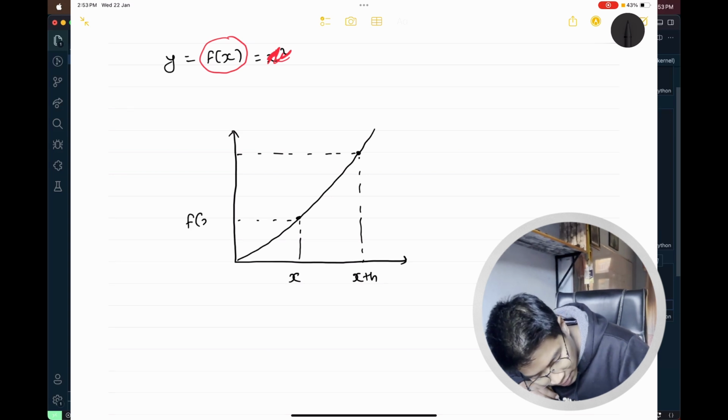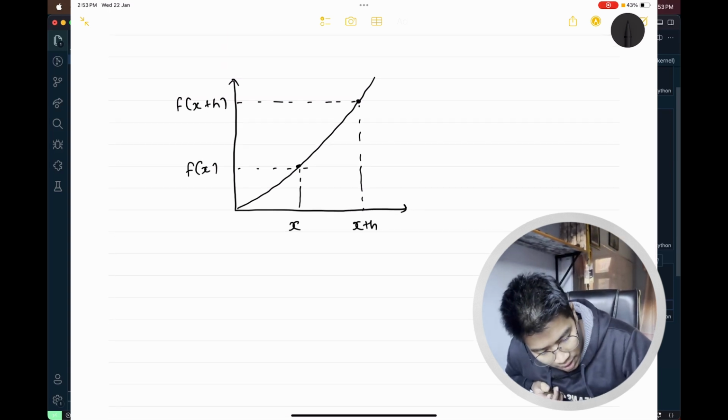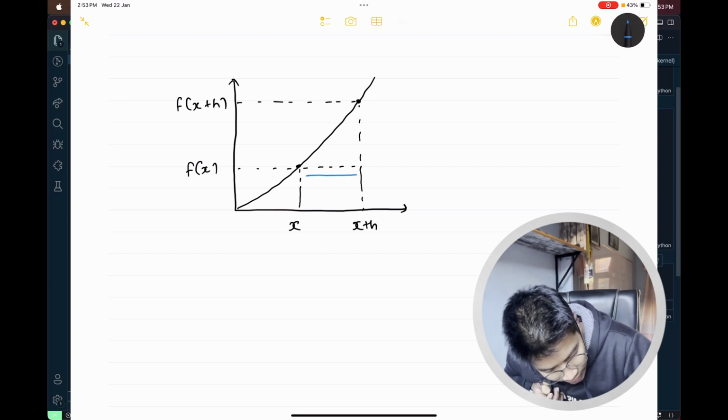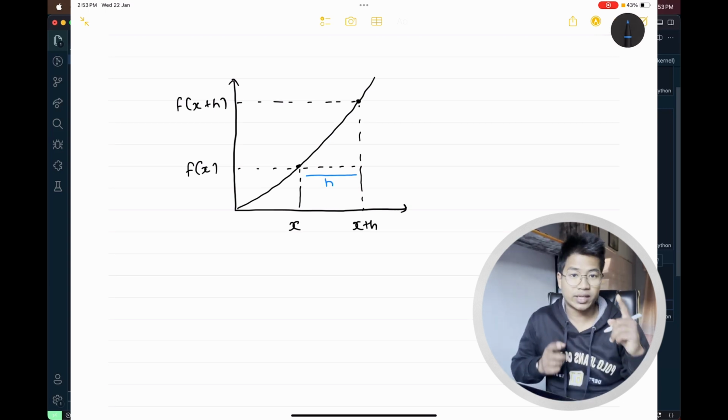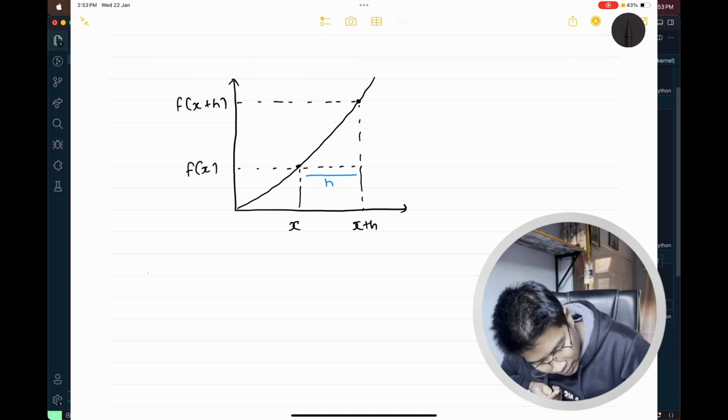So this is function of x, and this is function of x plus h. Our entire idea was that this h over here, we wanted to reduce it and make it 0. That's how we got the derivative function.